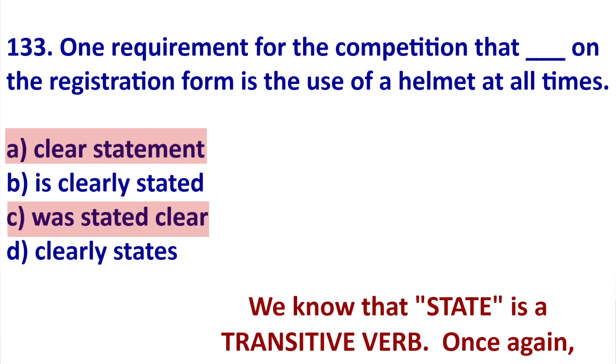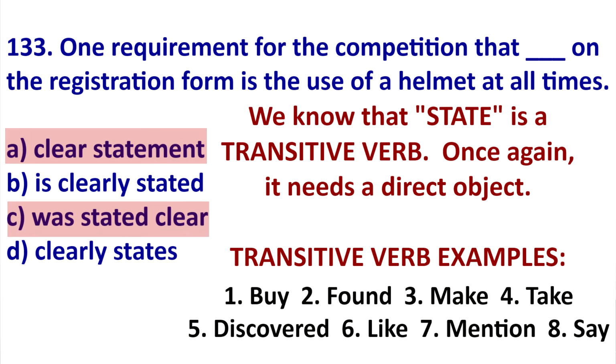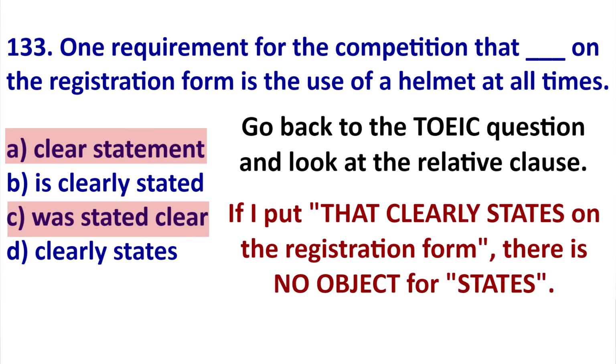So, we know that state is a transitive verb. It needs an object. That's the main point. A transitive verb is a verb, as I said, that needs an object. Some examples are right here. These are transitive verbs. So let's go back to the question. Let's look at the relative clause again.